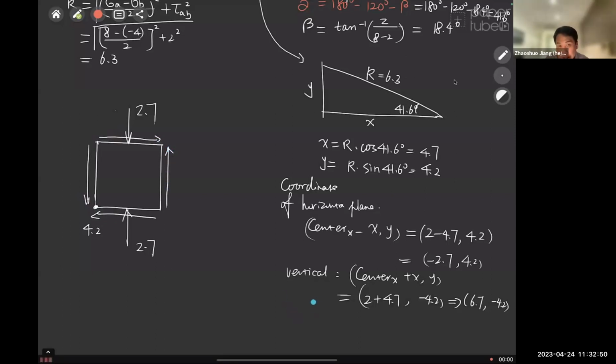And if we look at the vertical plane, we have the normal stress as 6.7 positive. That means the stress is pointing away from the center of the cube, that is the 6.7, and that is the 6.7. Okay.